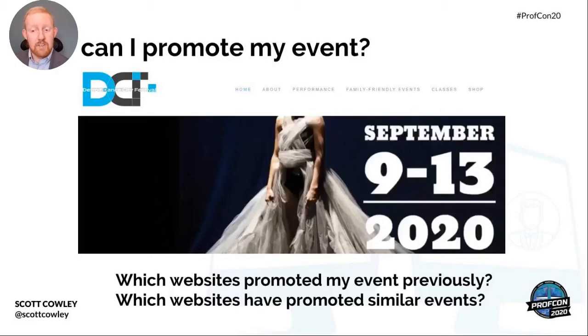Well, what we do is we use SEMrush to figure out which websites have linked to us in the past and have linked to our event pages. Which websites have linked to what we might see as competitors' events, not really competitors, but similar types of events in the same location in the past. All of a sudden, we have generated an entire array of promotion options, of websites we can reach out to and are much more likely to send traffic to our website and help us fill our events.